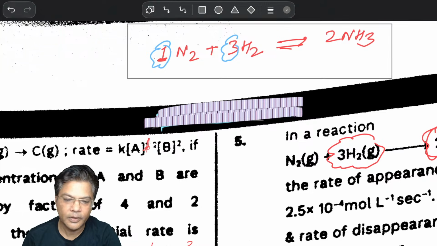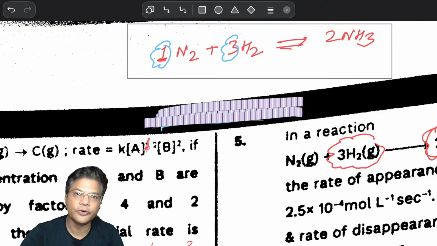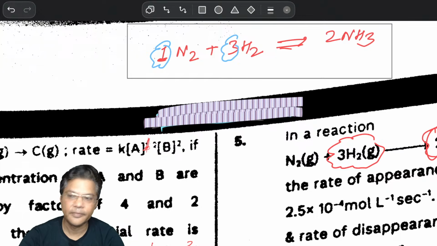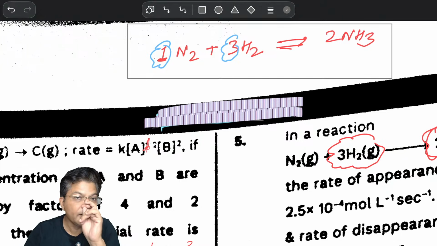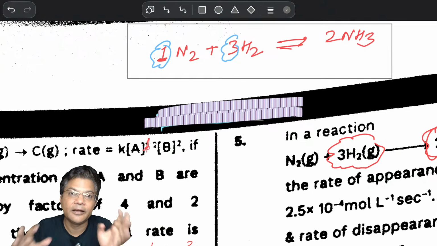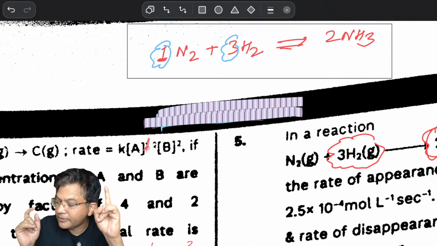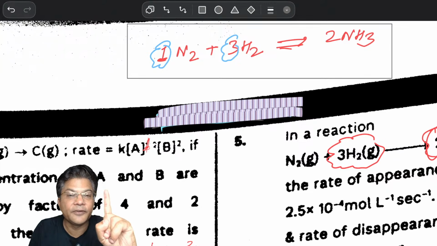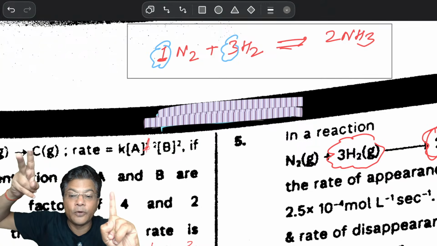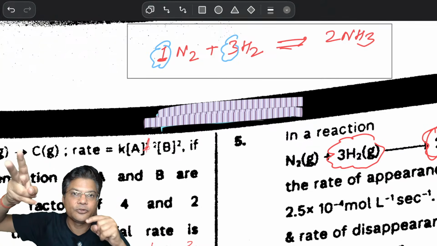Now see. Now from this picture, we can say how to balance them. One thing orally you can understand: if I compare with N2, then when 1 mole of N2 is getting finished, 2 moles of ammonia are getting formed, 1:2.